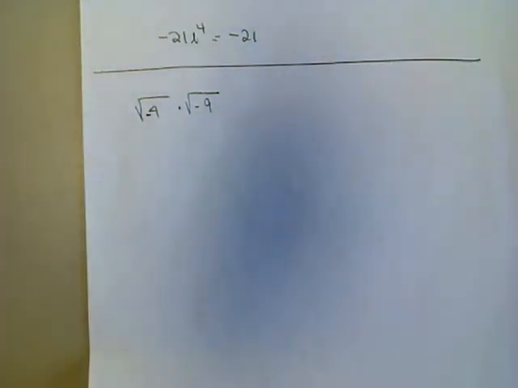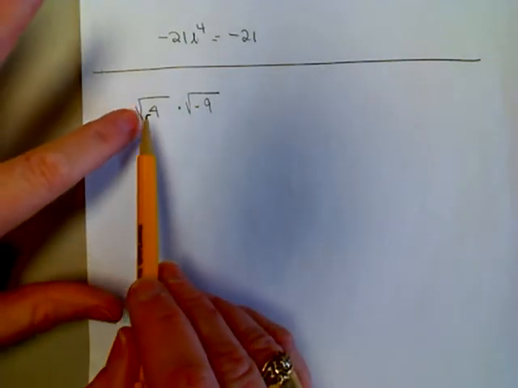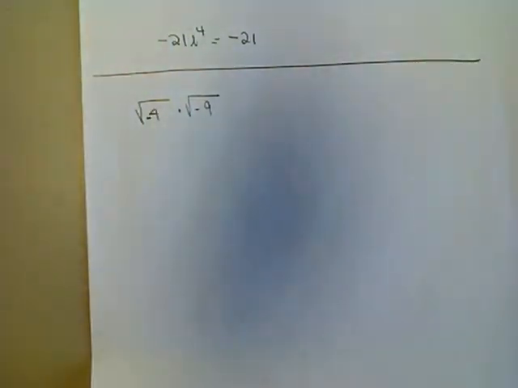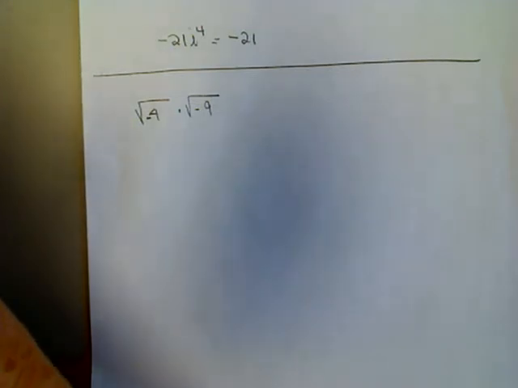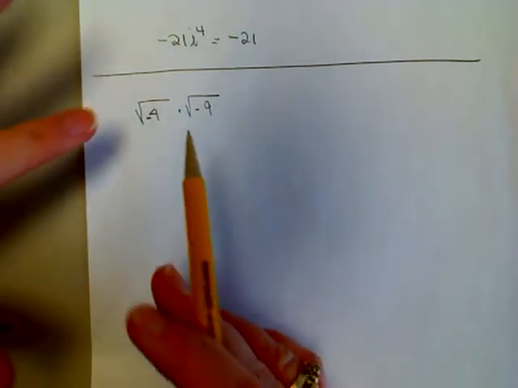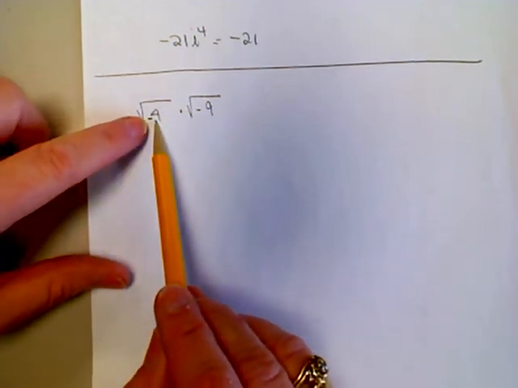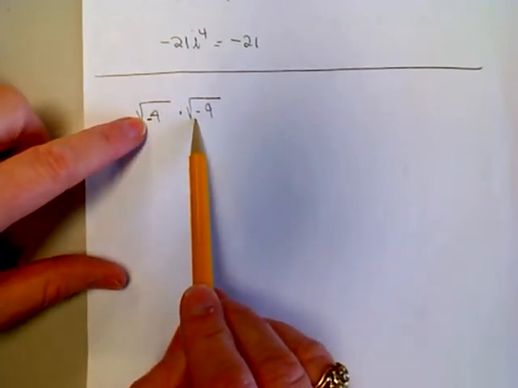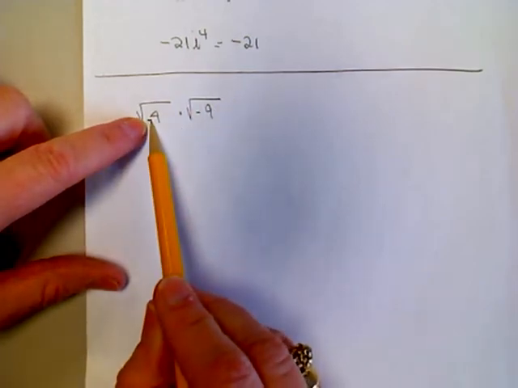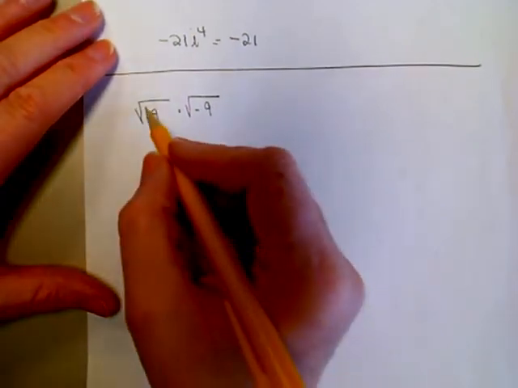There are 2 ways you can do this. I want to be very clear about that. You can simplify each radical first and then multiply them together. Or you can multiply these 2 things together, but keep in mind that you're not going to do negative times negative equals positive here. It's an i squared.